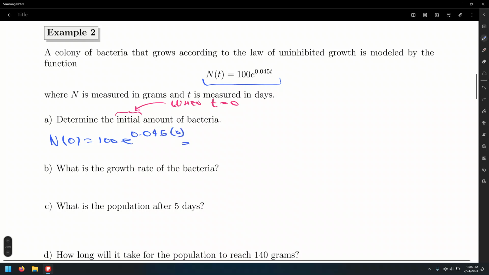Let's simplify. 0.045 times 0 is just 0, and 100 times e to the 0, that's just 1. So that's 100, and let's make sure we use the correct units, in this case grams.